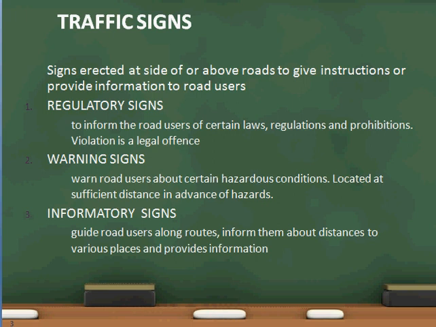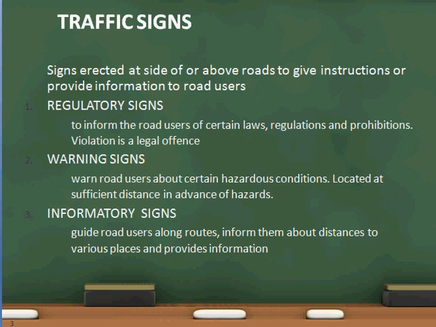The regulatory signs are used to inform the road users of certain laws, regulations, and prohibitions. The violation of these regulatory signs is a legal offense, and you will be given some fine, etc. Next is warning signs. Warning signs are used to warn the road users about certain hazardous conditions, and these will be located before such hazards at a sufficient distance from the hazards.